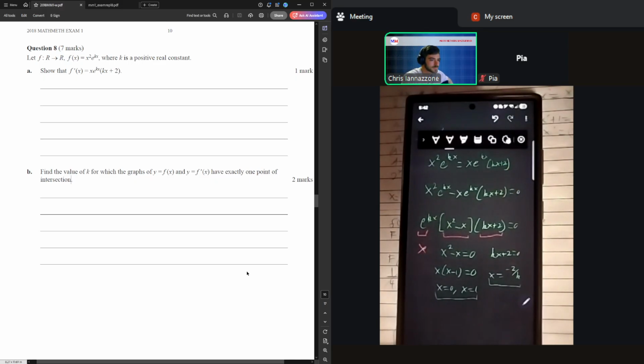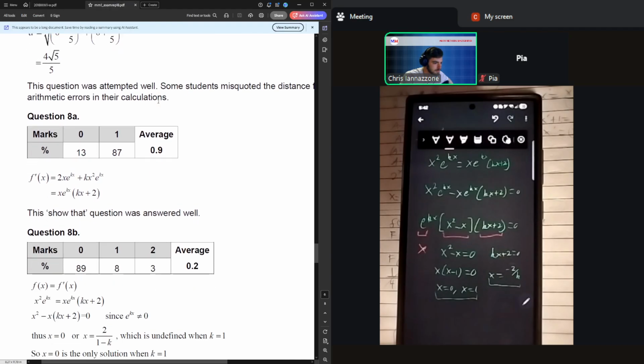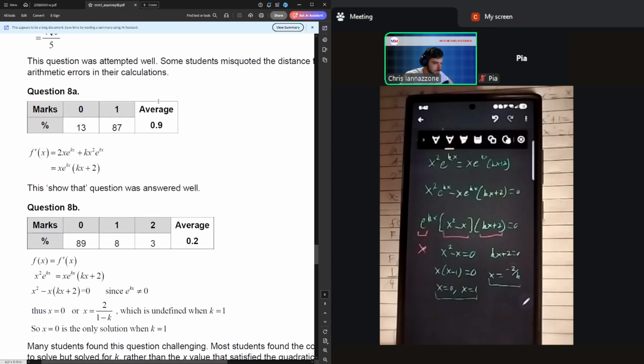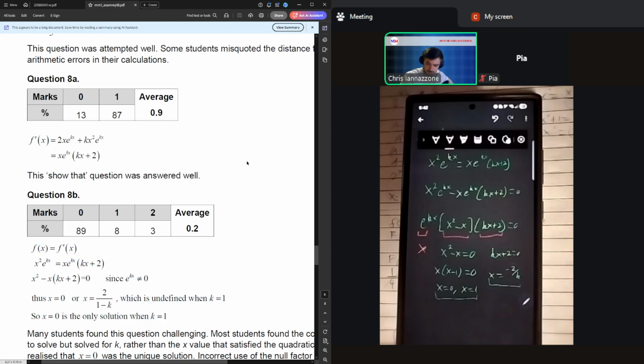Well, that's odd. Have exactly 1 point of intersection. x equals 0 or x equals 2 over 1 minus k. What do they have going on?